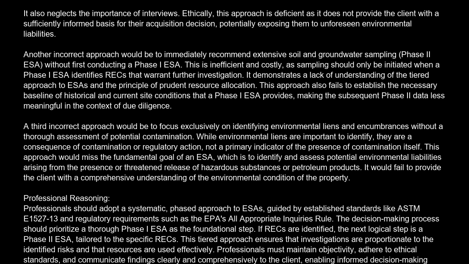If RECs are identified, the next logical step is a Phase II ESA, tailored to the specific RECs. This tiered approach ensures that investigations are proportionate to the identified risks and that resources are used effectively. Professionals must maintain objectivity, adhere to ethical standards, and communicate findings clearly and comprehensively to the client, enabling informed decision-making regarding property transactions and potential environmental liabilities.